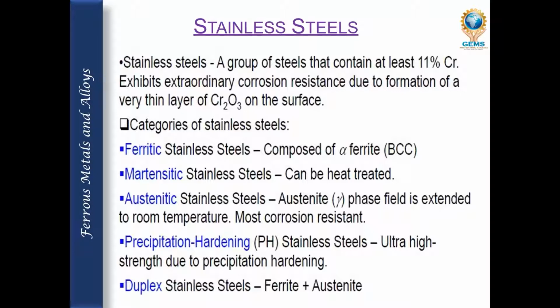Unlike carbon steel, stainless steel does not suffer uniform corrosion when exposed to a wet environment. If carbon steel is exposed to a wet environment, it will rust readily.